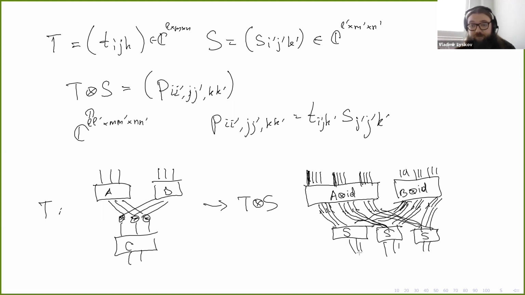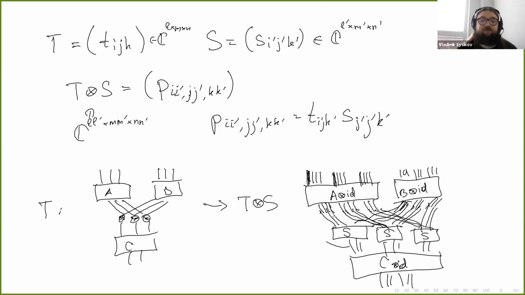And then, of course, again, some linear post-processing by C, and there's the identity, so it's block-wise processing. So the Kronecker products have this form. They have some outer structure which is processed by the tensor T, and they have some inner structure which is processed by the tensor S.